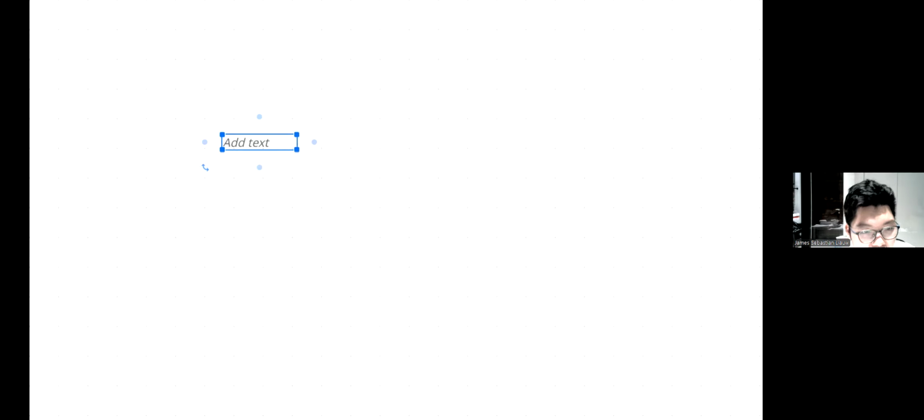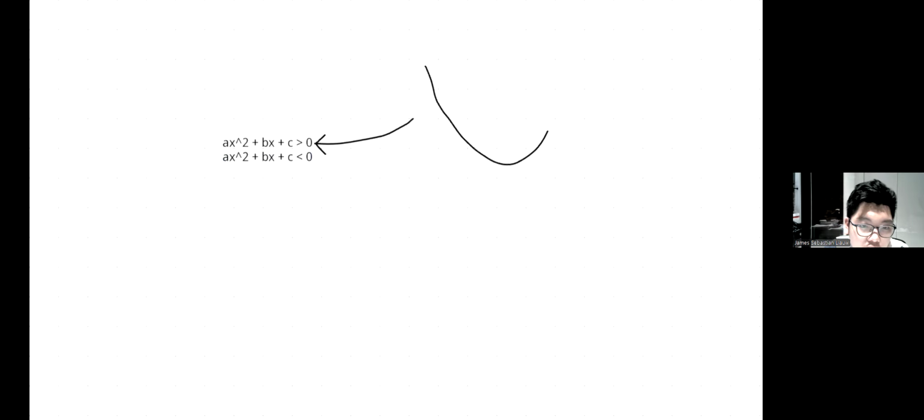Well, basically this is a quadratic equation, but we will replace the equal sign with a greater than or less than sign. And what happens now? Well, for the case where it's greater than, the curve looks like this, right?